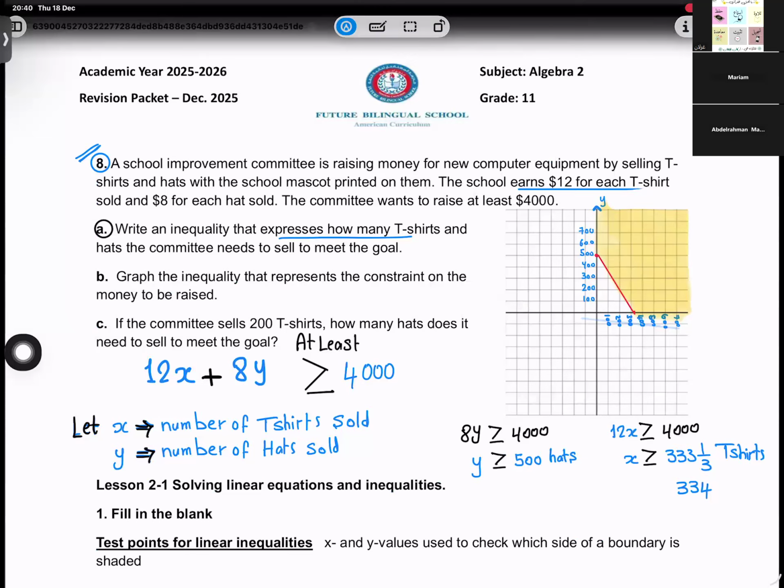So X is the hats. No, X is the t-shirts, and Y is the hats.